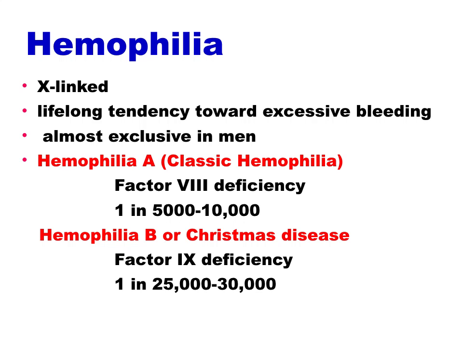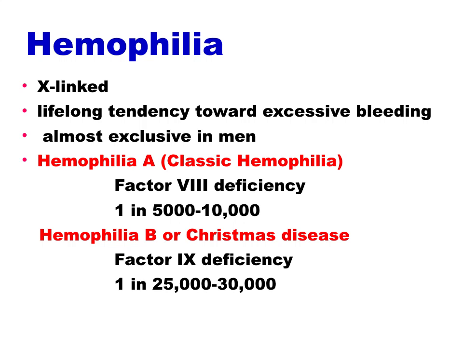Let's talk about hemophilia. Hemophilia is an X-linked disease or condition. There is a lifelong tendency for the patient to have excessive bleeding, and this is seen almost exclusively in men. We have two types. We have hemophilia A, which is known as the classic hemophilia.